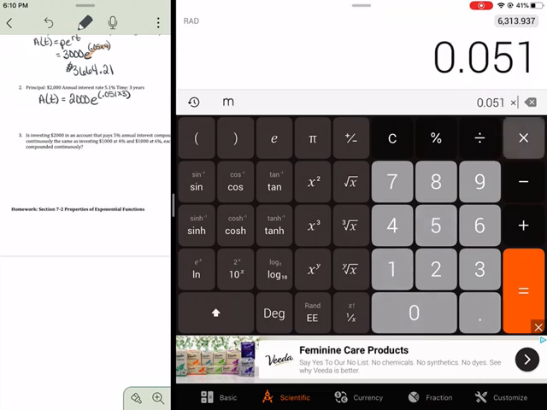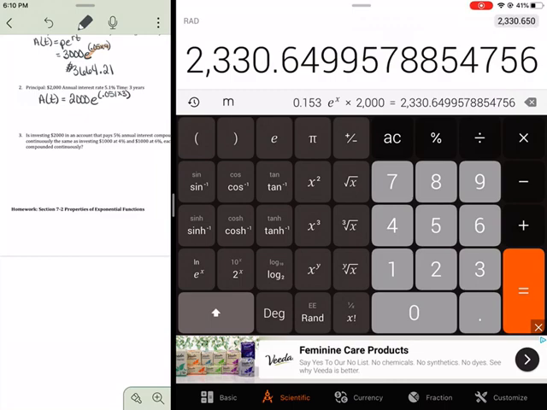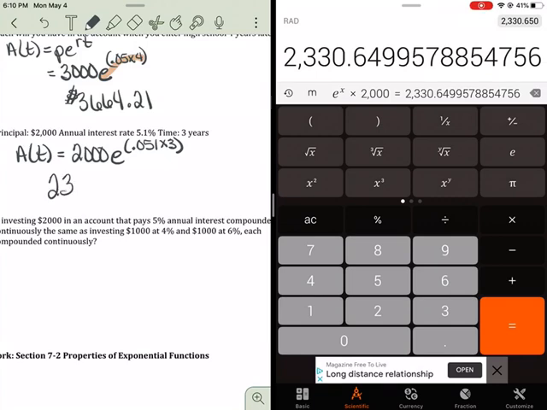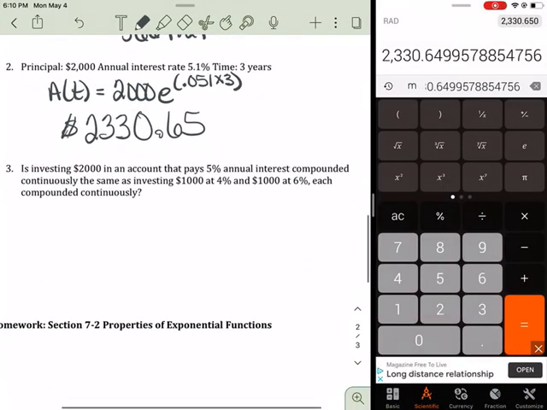Okay, let's try that again. All right, so 0.051 times 3, and then times 2,000. There we go, $2,330.65. Sorry about that. That's how much money we'll have.